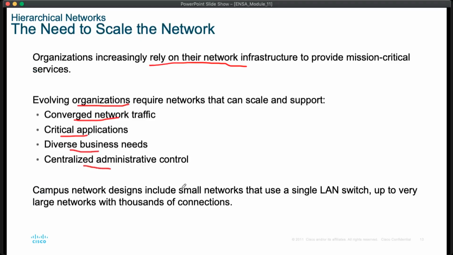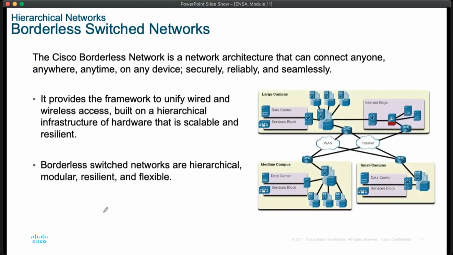Campus network design includes small networks that use a single LAN switch up to very large networks with thousands of connections. So, the borderless switched network. The Cisco borderless network is a network architecture that can connect anyone, anywhere, anytime, on any device, securely, reliably, and also seamlessly.